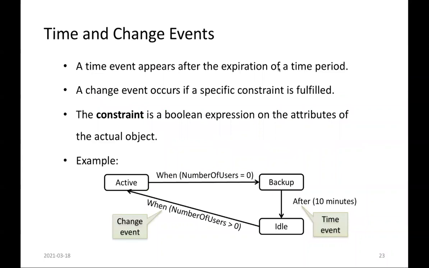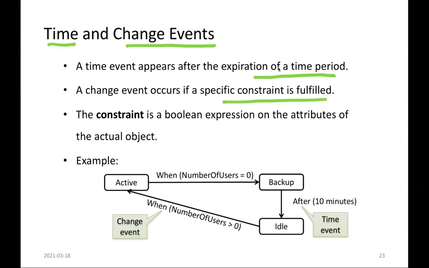If we focus on the time and change events in particular, a time event appears after the expiration of a time period. And as I said, a change event occurs if a specific constraint is fulfilled or a condition has been satisfied.